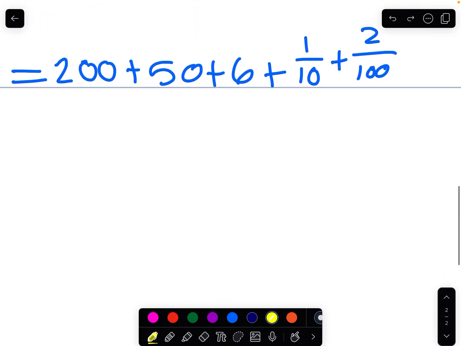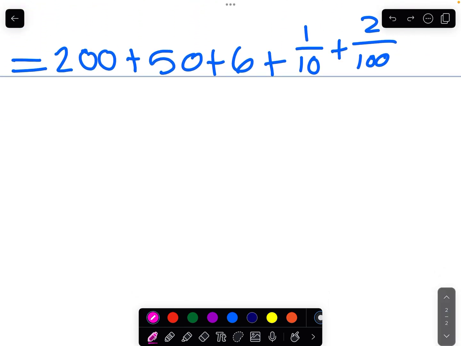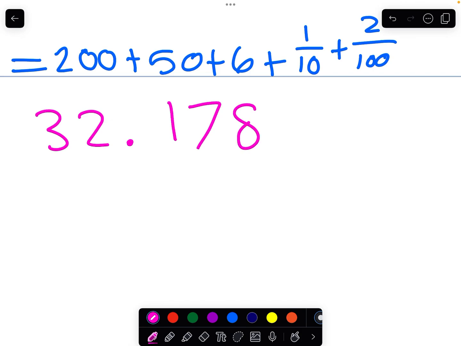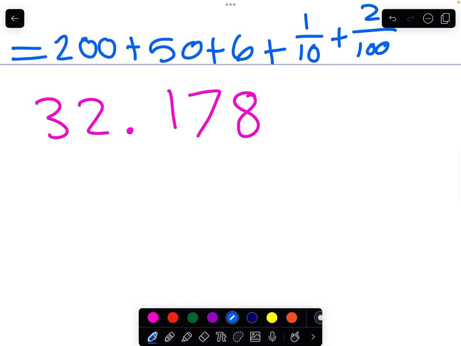Now let's do some quick practice. Let's say we have the number 32.178. Okay, how do we write this in expanded form? Well, it might help to remember what each part of the decimal part of the number represents.